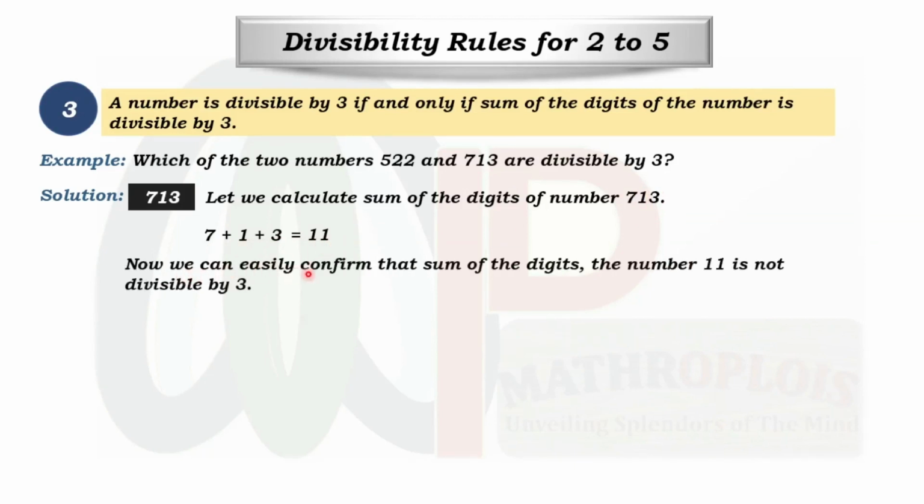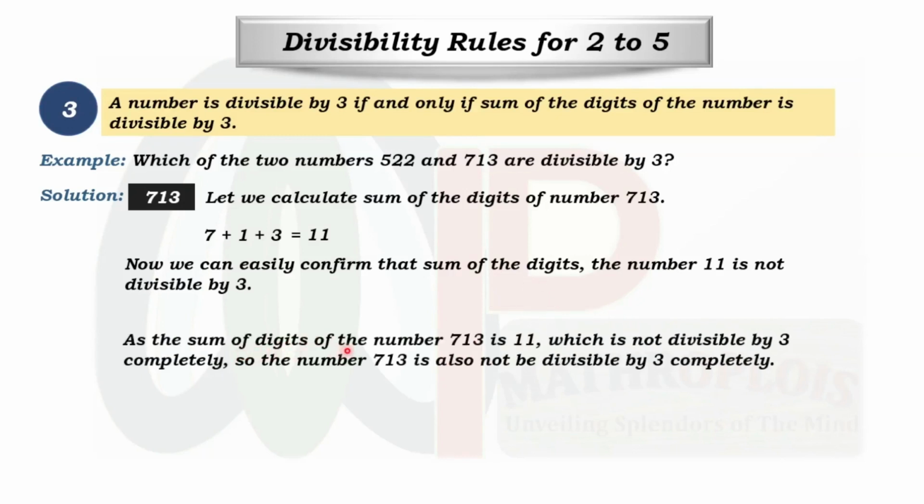Now, we can easily confirm that the sum of the digits, the number 11, is not divisible by 3 completely. That is, 11 divided by 3 is equal to 3.67. It is not a complete number but a whole number with some decimal part.